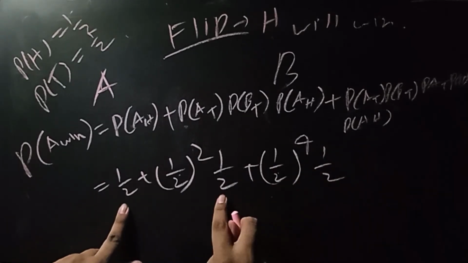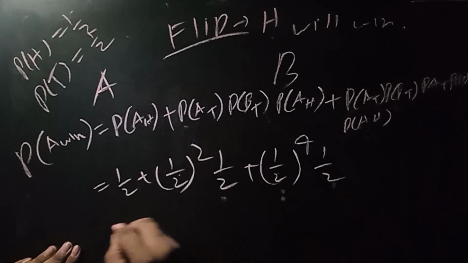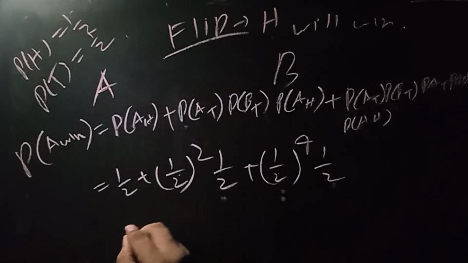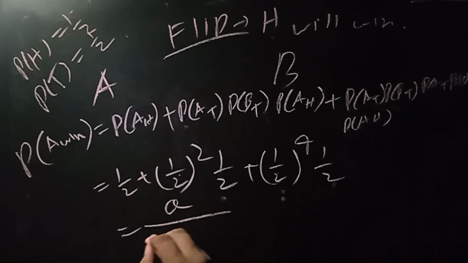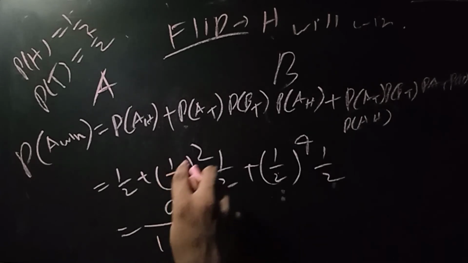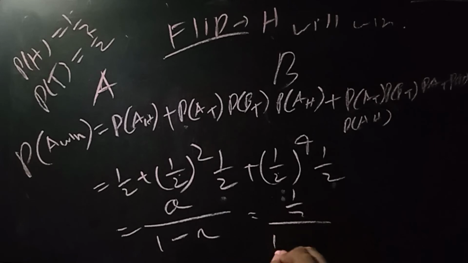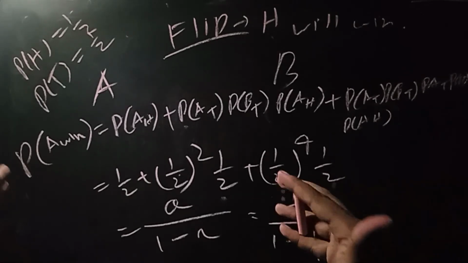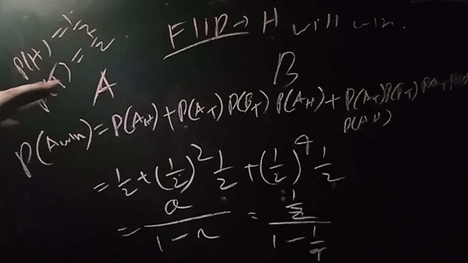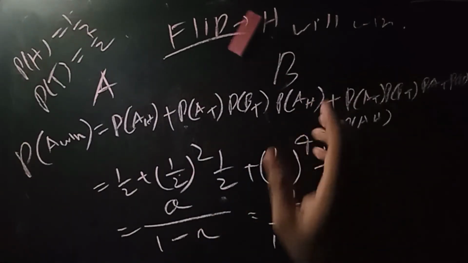You see this is A and this is the R. R is half squared, which is 1 by 4. Then we can just apply the sum: a, that is half, by 1 minus r, where r is 1 by 4, so half by 1 minus 1 by 4, and we evaluate. That gives us the probability that A wins. This can also go with dice and anything.